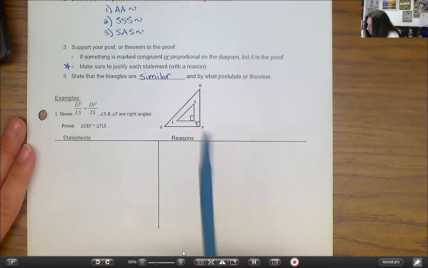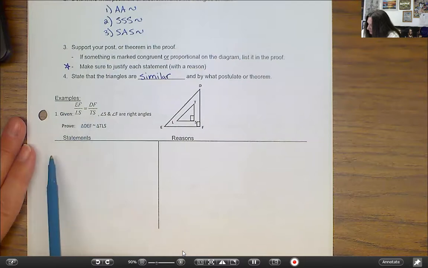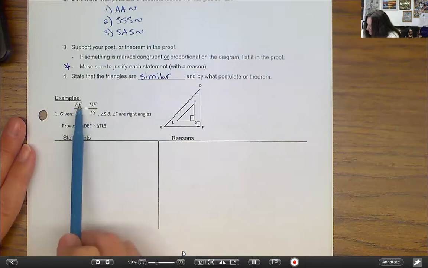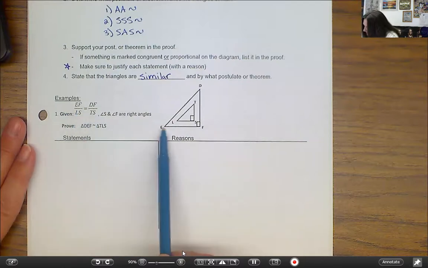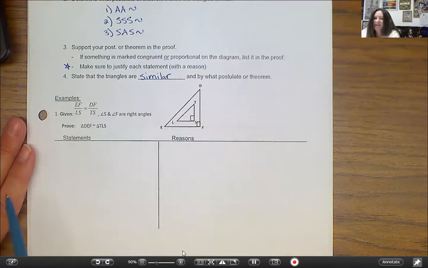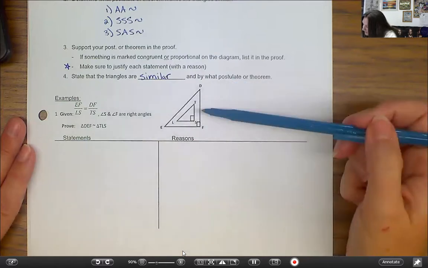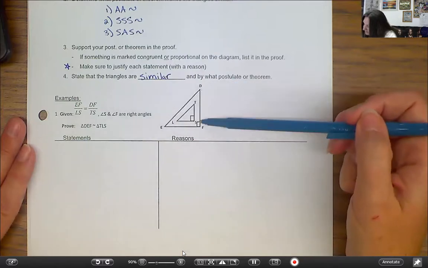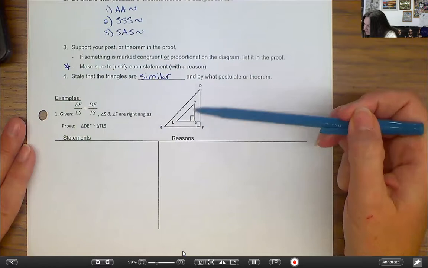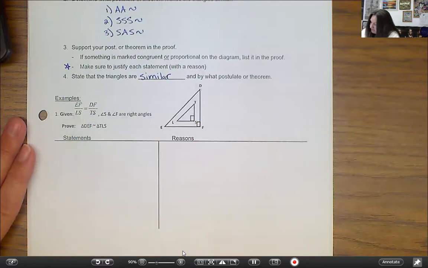And then we are told that we have 2 scale factors here, side EF to LS. I can see that side EF is here, LS is here, and those correspond. I can't put the little markings on there because they're not congruent to each other. And then side DF, which is this side of the triangle, corresponds to side TS. And those would create equal scale factors.